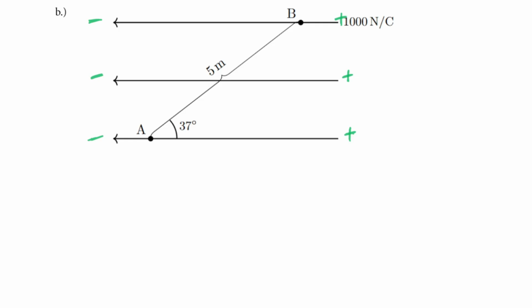So once again, we can use the fact that the magnitude of delta V is just E D parallel. So we do have to figure out what that is, though, because it's not just 5, because the field is not at this angle. The field is horizontal. So we just want to find the horizontal component here.